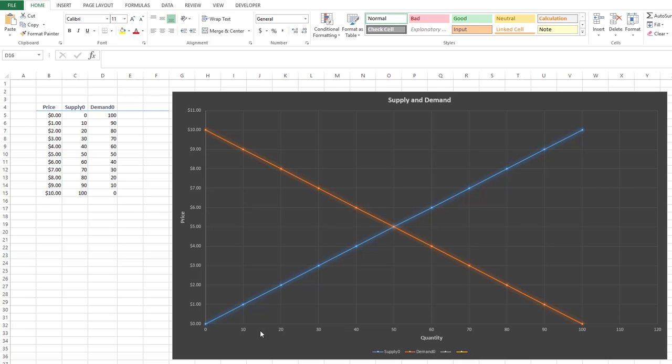That would actually cause the supply curve to increase at every given price point, since there's more suppliers in the market. There would be more quantity supplied at every price point.